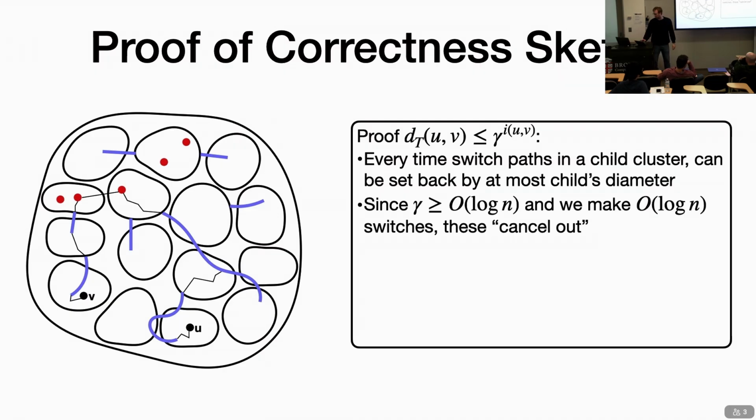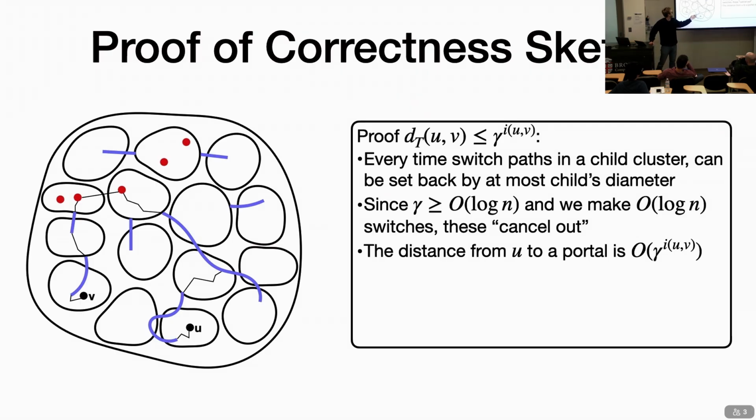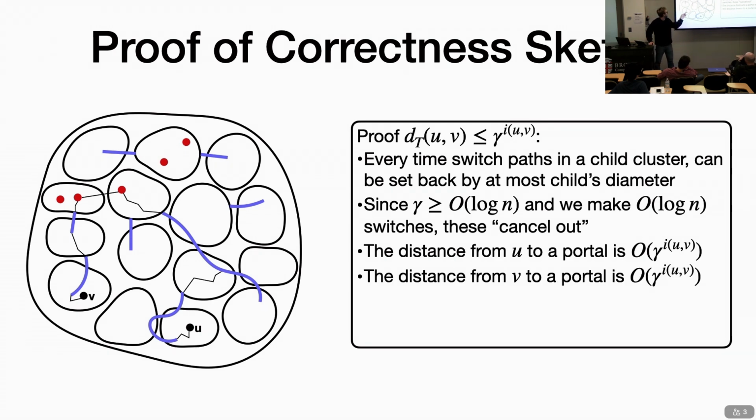And because of that, it's true that the distance from u to a portal in our spanning tree is at most O of the distance from our hierarchy. So like this distance. And then the same thing is true on this side.